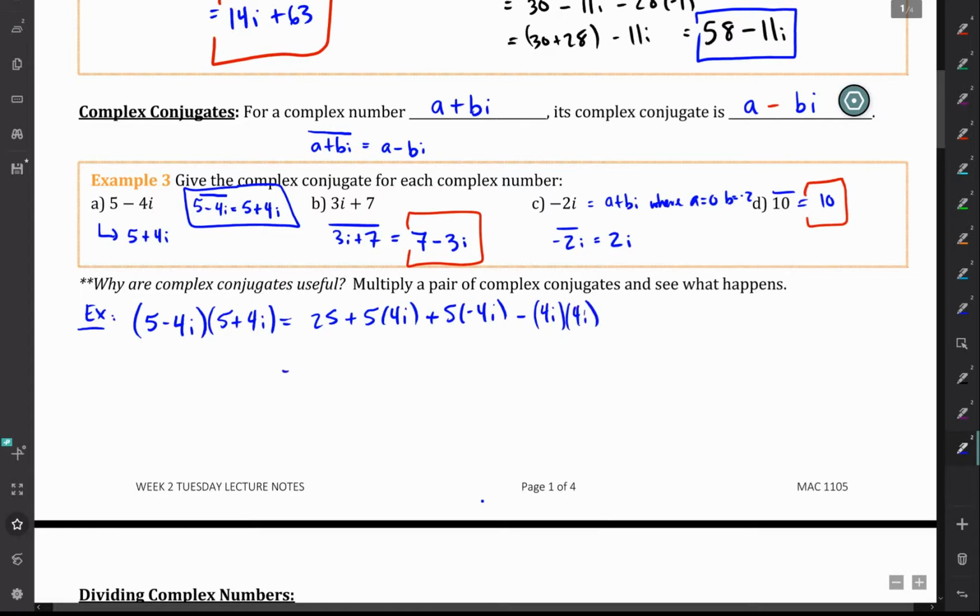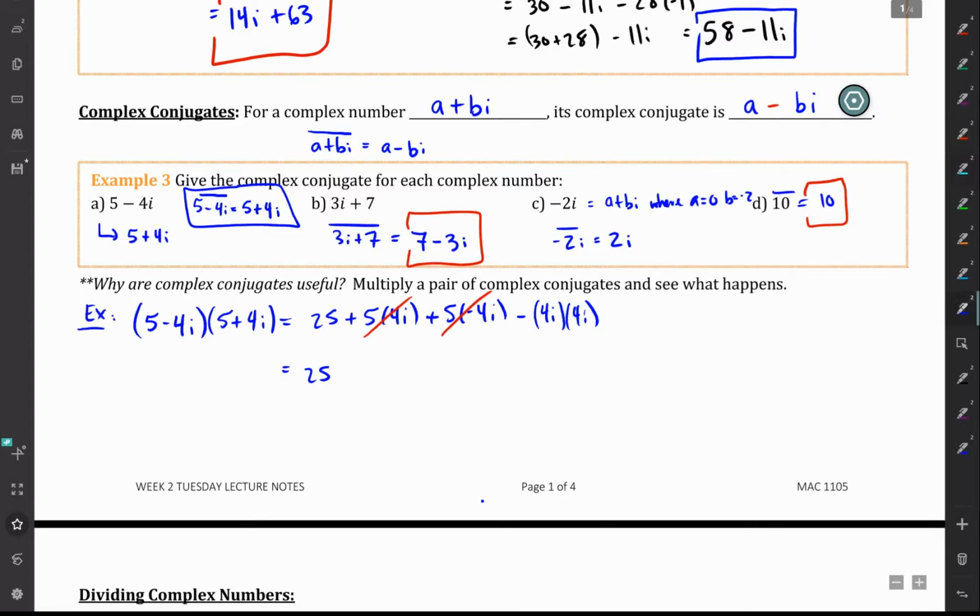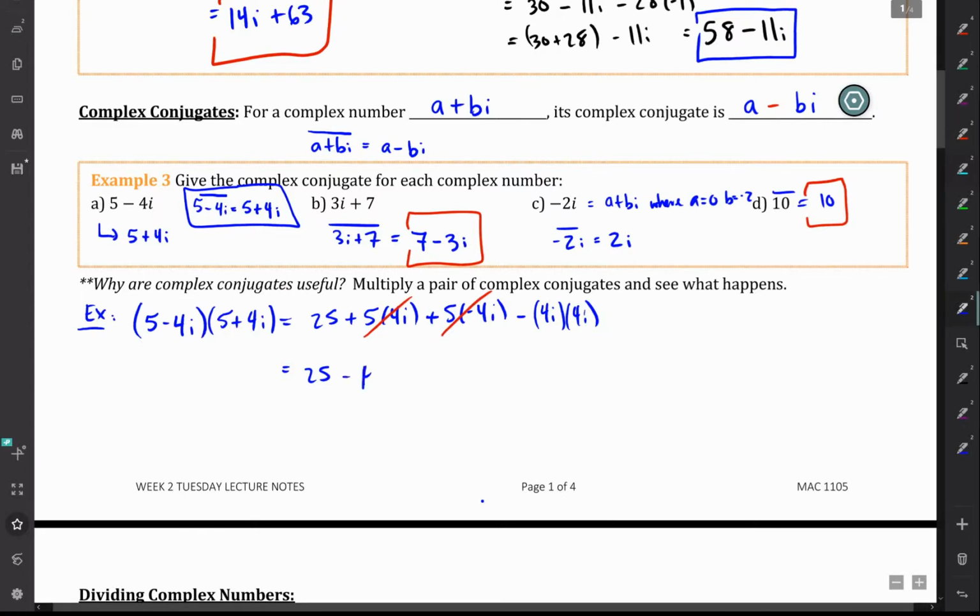So that's 25, and in the middle you have 5 times 4i and 5 times negative 4i, so when you add those together they cancel, and then finally you get minus 16i squared, but remember i squared is negative 1. So that's 25 plus 16. So you end up getting 41.